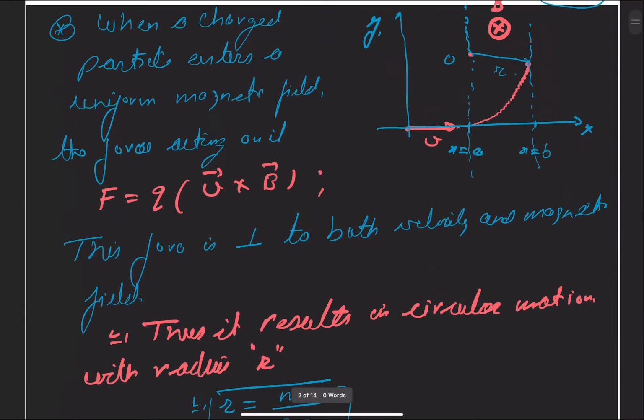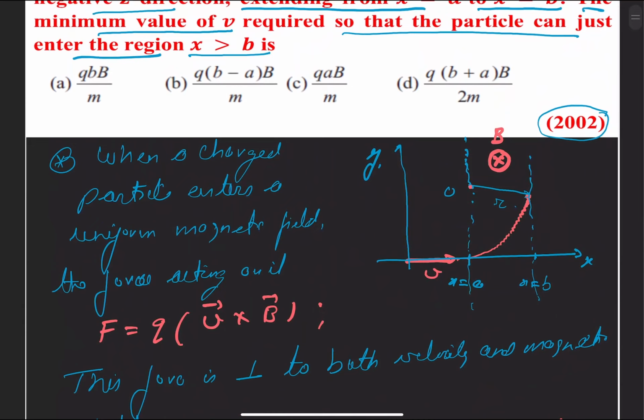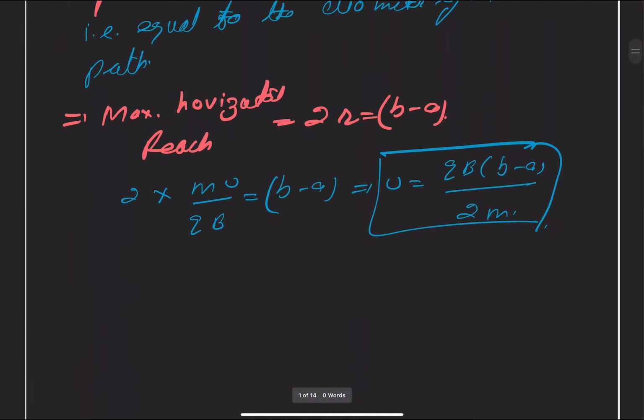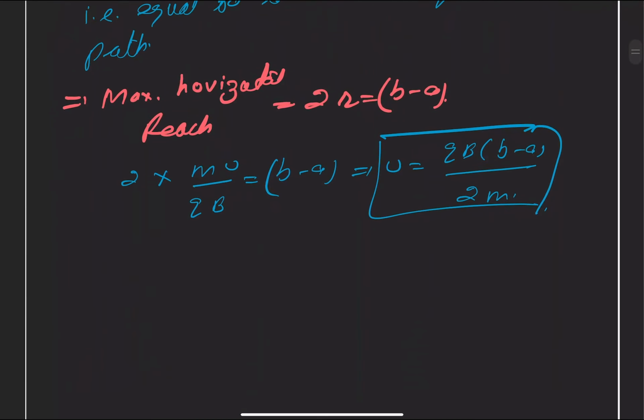So the options available to us, option D, sorry, I think there is some mistake. Yeah, this won't be true.